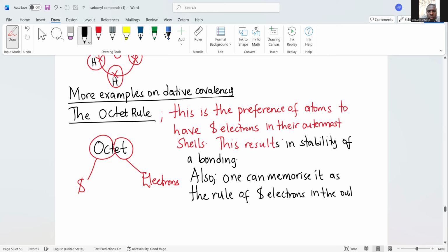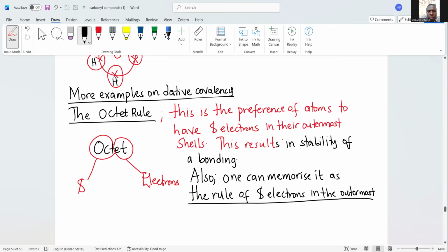As simple as that. Octet rule, what is it? The rule of 8 electrons in the outermost shell. As simple as that. But technically it's the preference of atoms to have 8 electrons, to have a fully filled outermost shell.